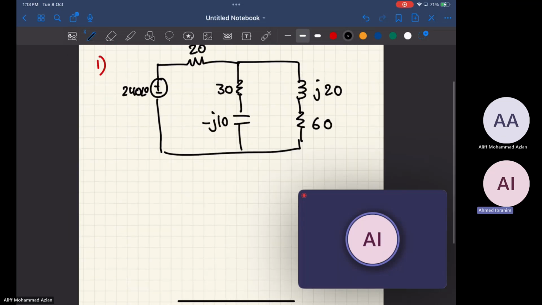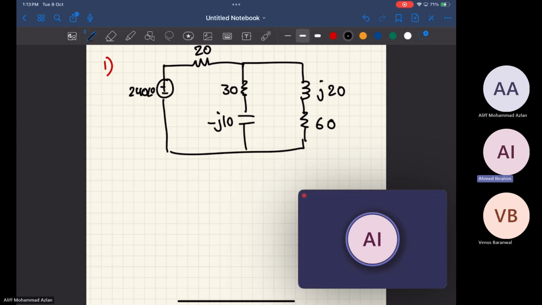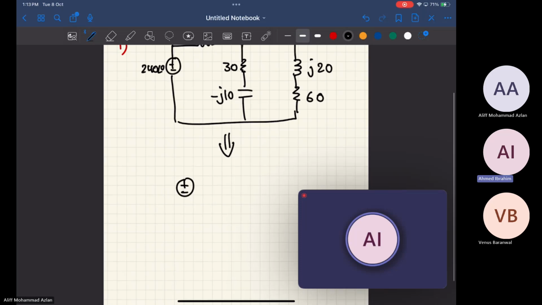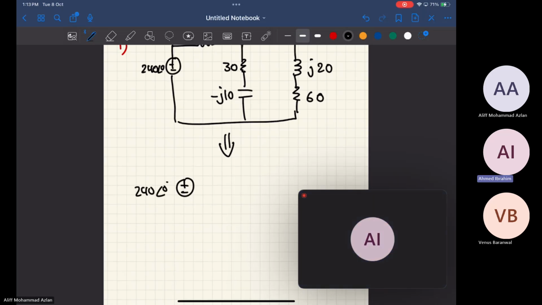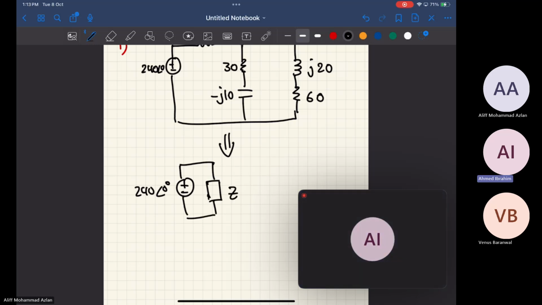This is a pretty straightforward question. Essentially, all you have to do is simplify the circuit and then calculate the power. Essentially, having the voltage source connected to one impedance. So I'm just going to transform this circuit to a voltage source with an equivalent impedance.